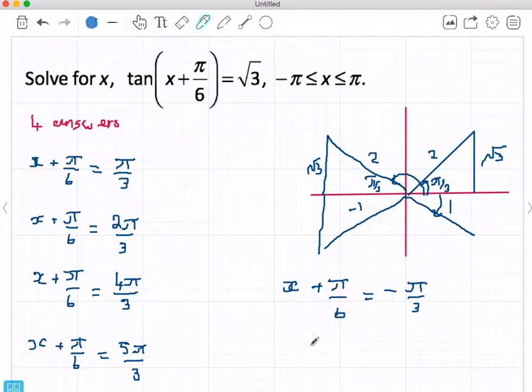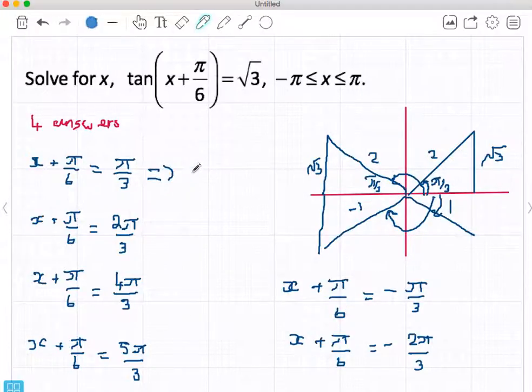And if I go negative, it gives me the negative 2 pi over 3 by coming around like this. Now, I actually could add 2 pi onto all of these as well, but I've checked them and I want to keep this video shorter. It won't actually work.